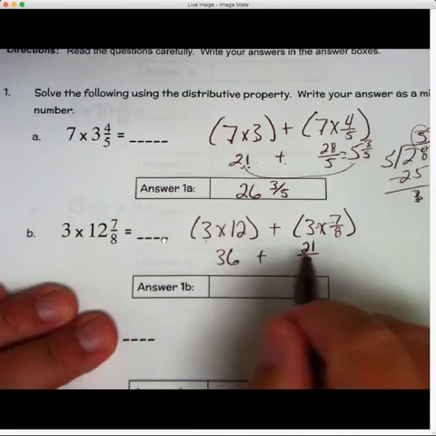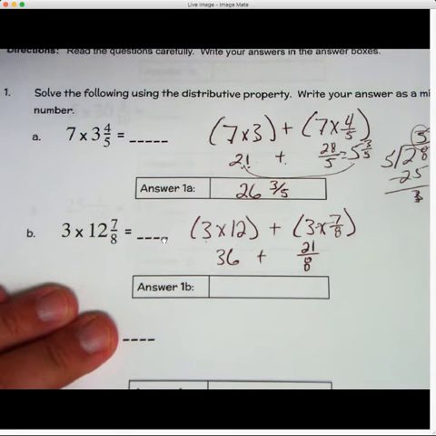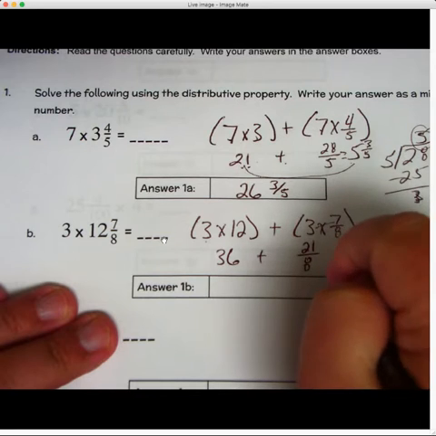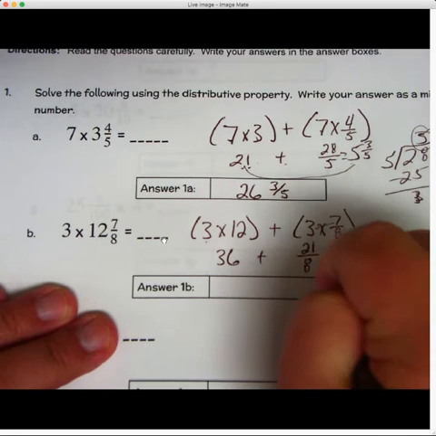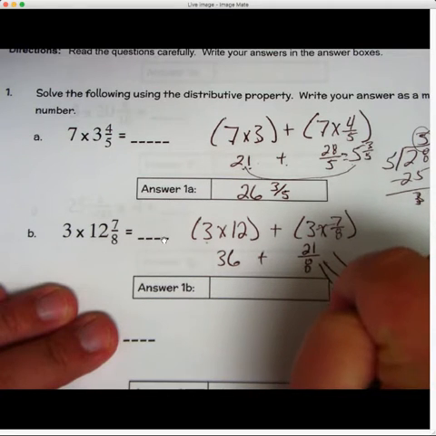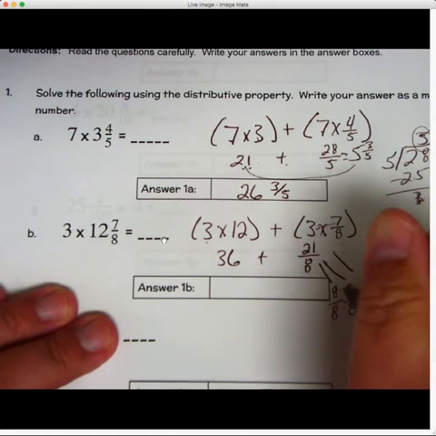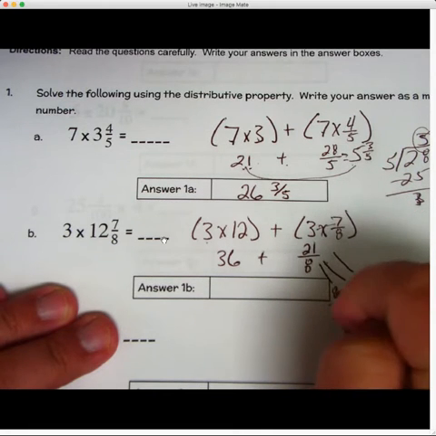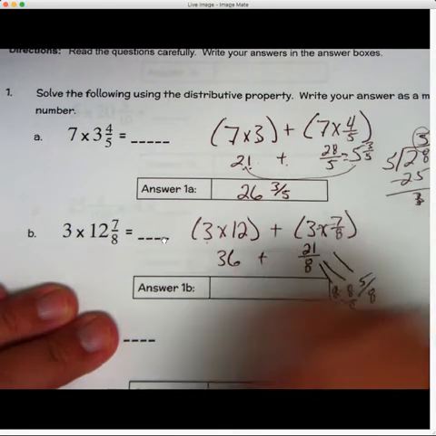Problem is, I can't leave it an improper fraction, so you can either divide it or decompose it. This one's not too bad to decompose. So I think I'll do 8/8, 8/8, that's 16. I need 5/8 more to get 21. 8 plus 8 is 16, plus 5 is 21/8.